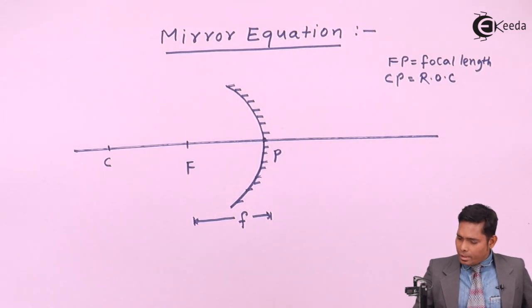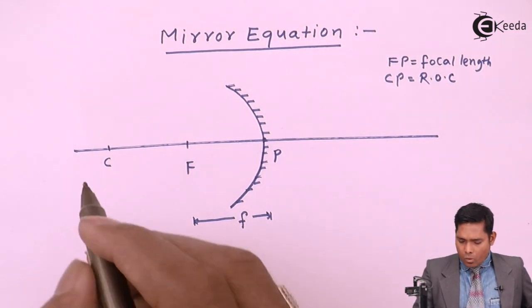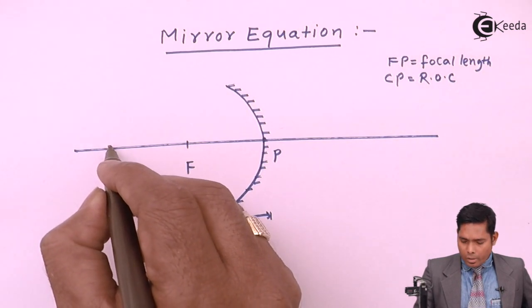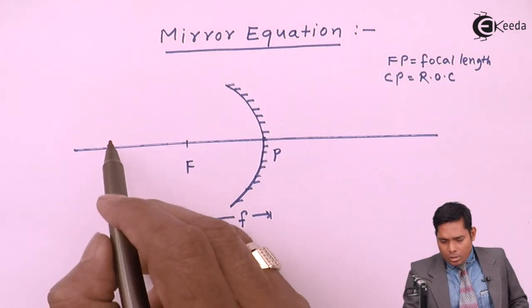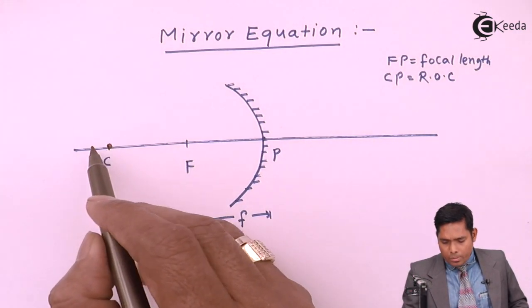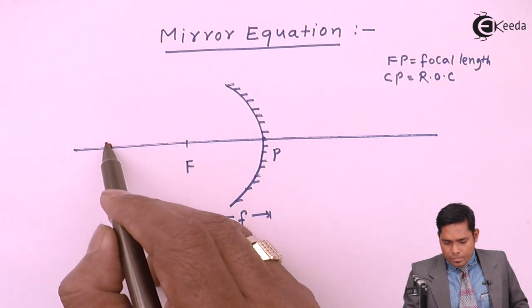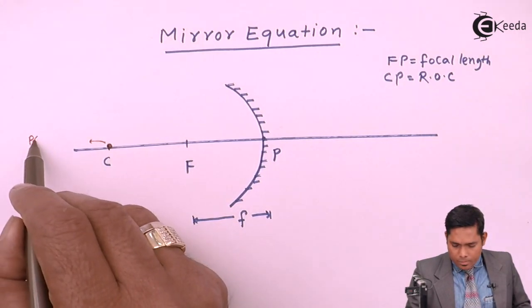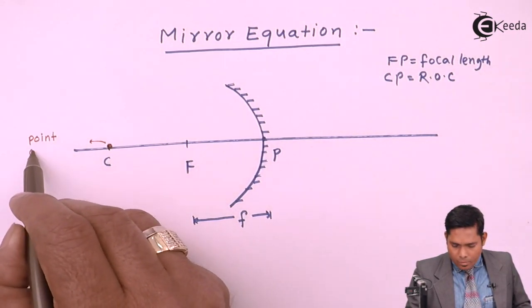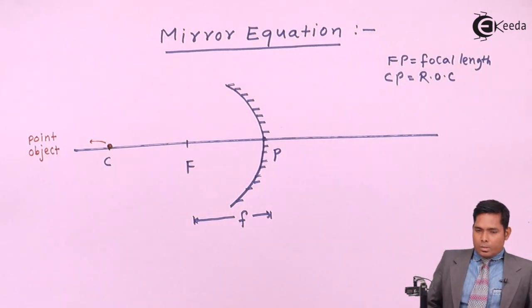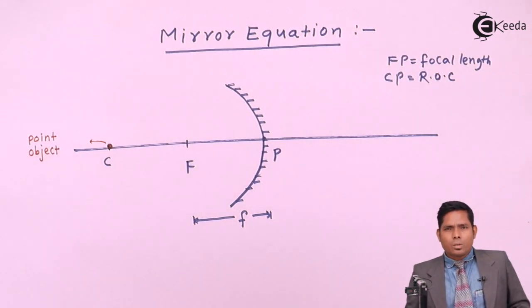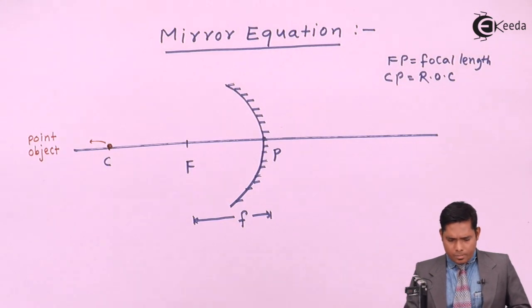Suppose that I consider a point object at the center of curvature itself. So this point is known as the point object. The point object is kept here.